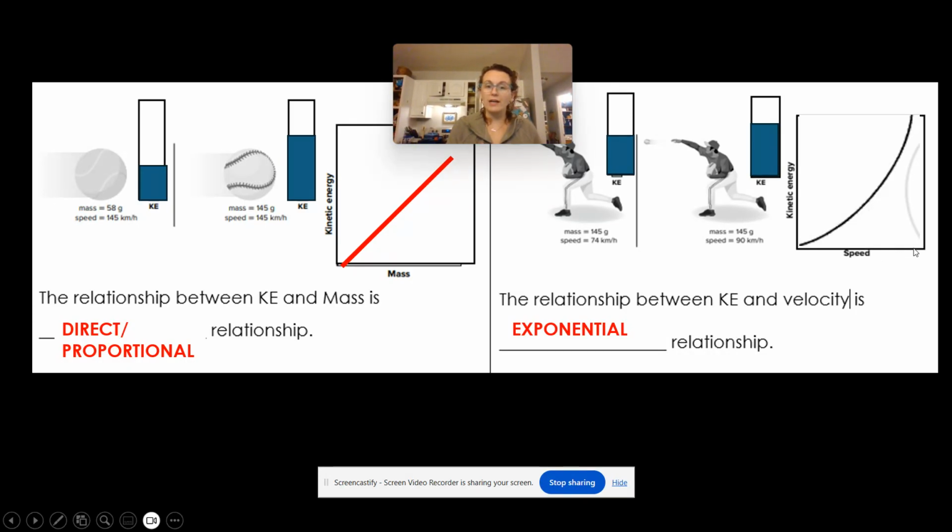Okay? And again, I'm going to show you the mathematical. What I need you to understand is that both mass and velocity are going to increase kinetic energy. All right? However, velocity is much more important than mass.